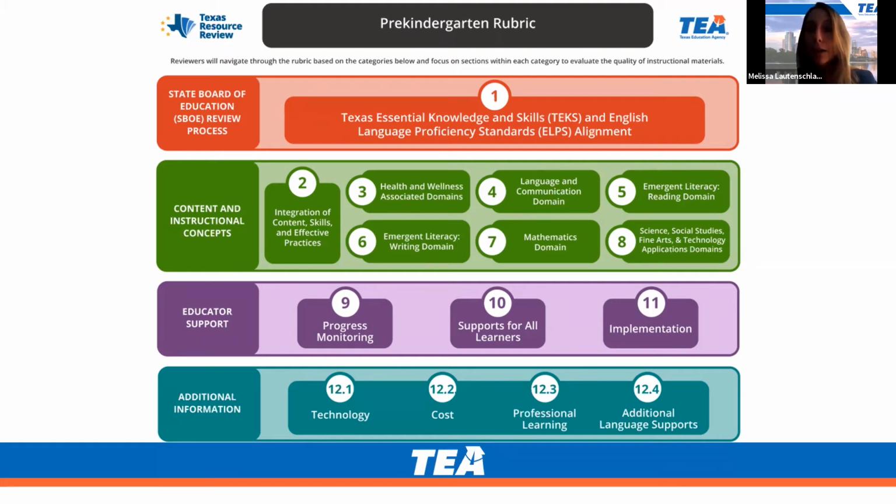The last big category is additional information. This is not scored, but it is additional information that is important in purchasing and making your final decisions: technology, cost, professional learning available, and the availability of the product in different languages.